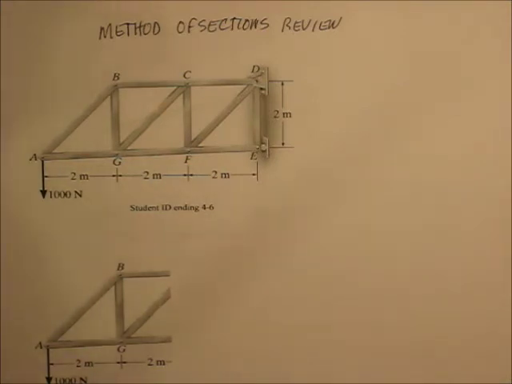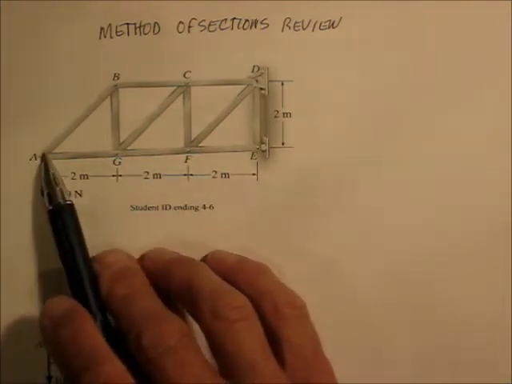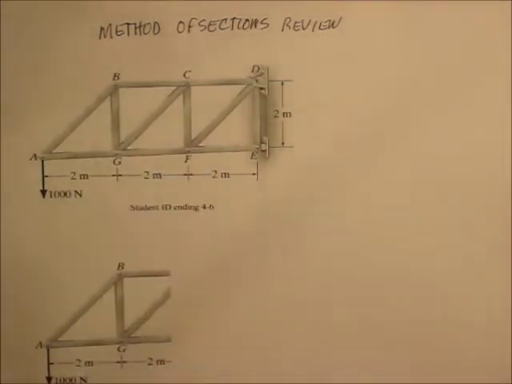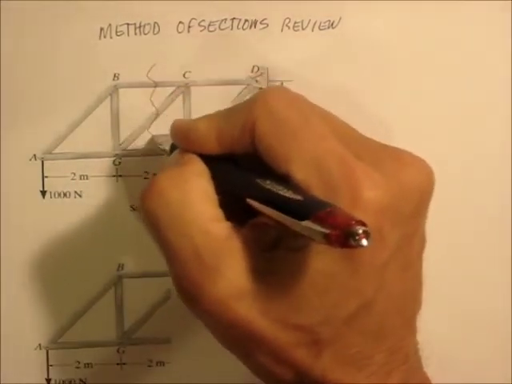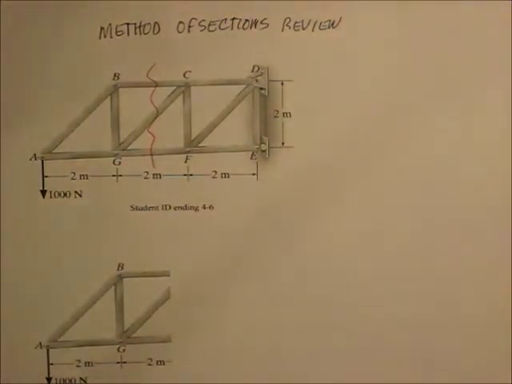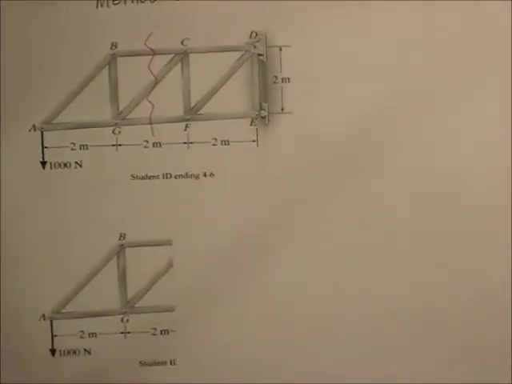Well, we could do the method of joints and step from here to here to here and find out what's going on inside the truss, or we can try the method of sections. The method of sections says that I can draw a little section any place and then analyze it as such. So I want to find the force in member BC, and I'm going to do that by drawing the method of sections there. And so I've repeated the section down here.